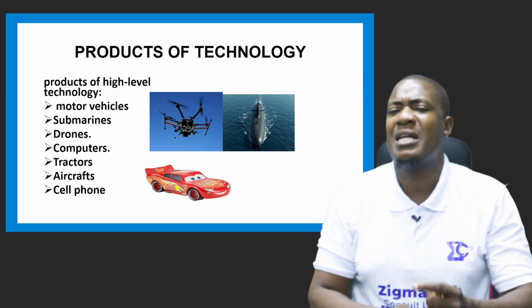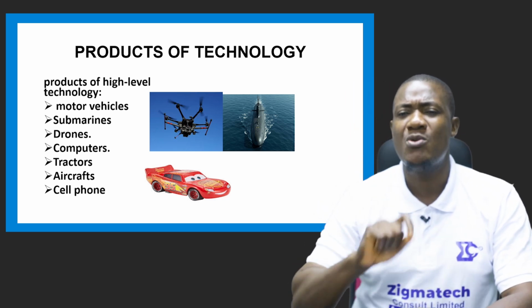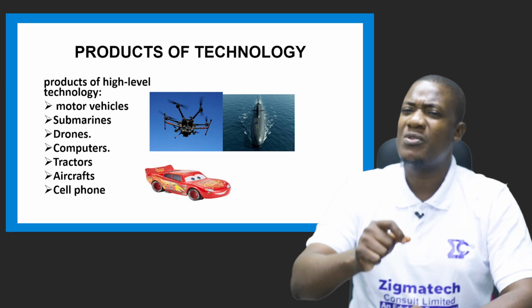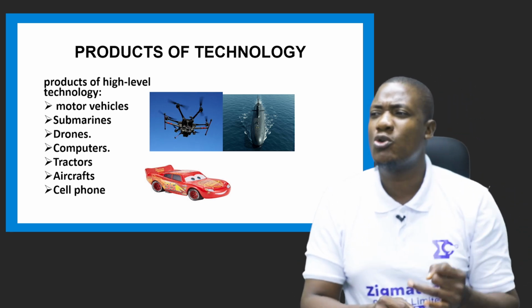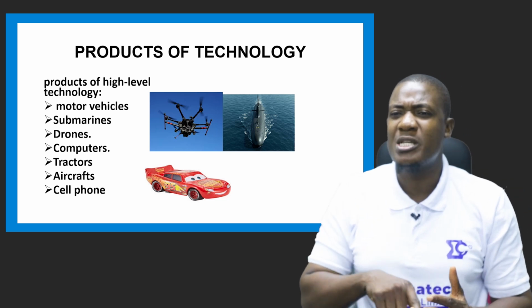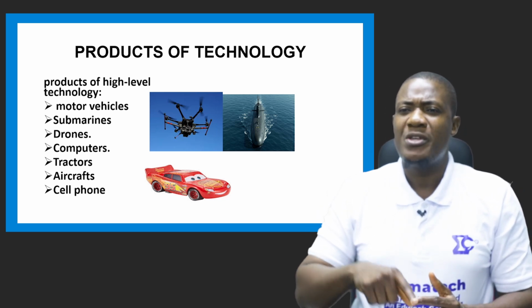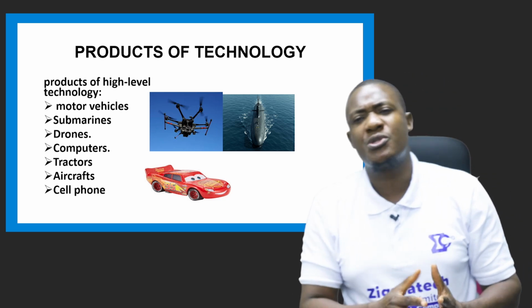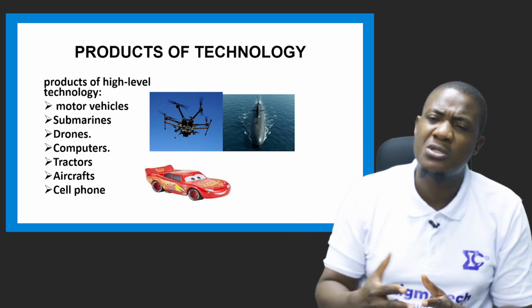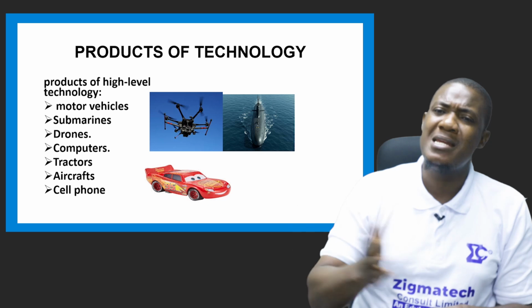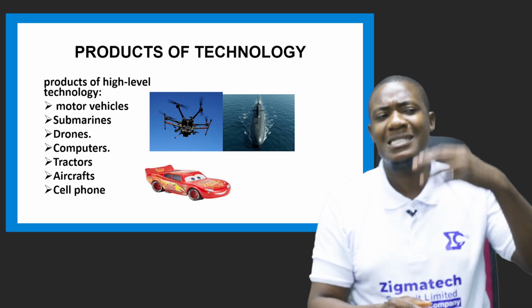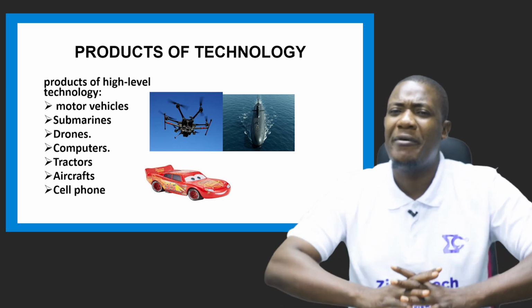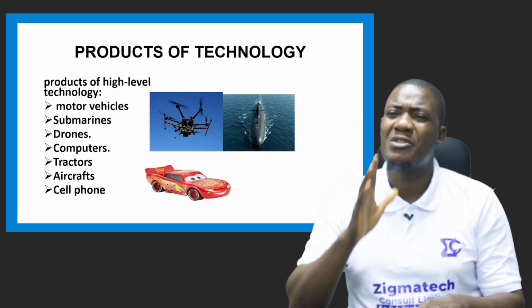Be it your handset, the marker you are using to write, the spoon that you are using to eat, the gas cooker, the gas cylinder you are using to cook, the electric fan in your house, the air conditioners in your house, the car you drive every day, the tractors, the computers, the drones, the submarines, the motor vehicles, the matches, lighter, name it. I can't even exhaust the products of technology that we have. All of these are products of technology.